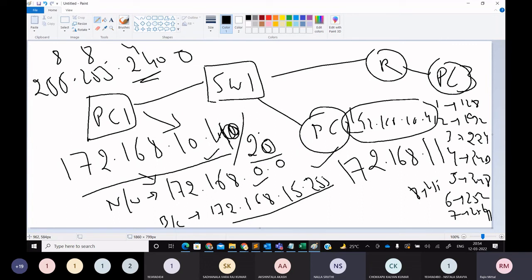Now what about this PC3? What IP should I give it? This is an important concept.